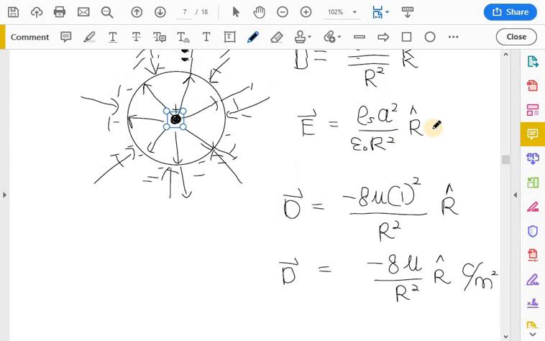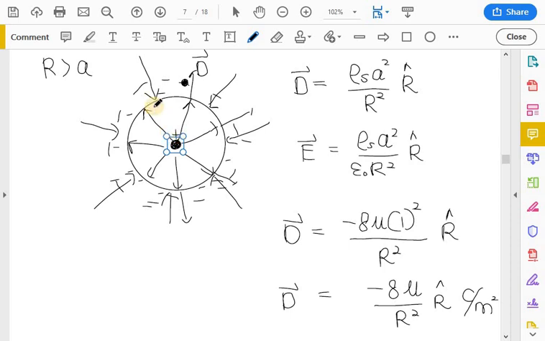Because the flux lines from this point charge stop here. They cannot go beyond this surface. Now the Gaussian surface is outside, but even though the point is inside the Gaussian surface, this field line will not go beyond this surface. So at this point, you cannot feel the electric field coming out from this point charge.